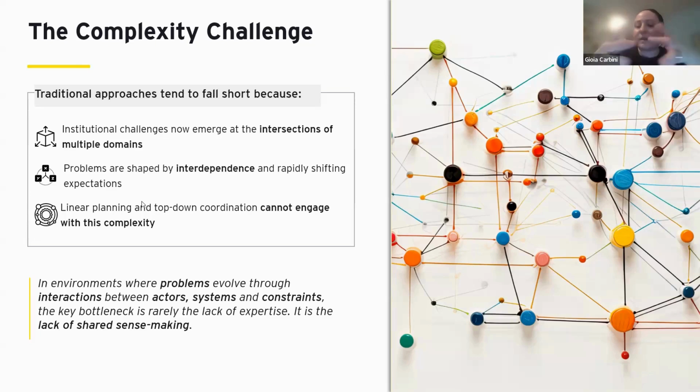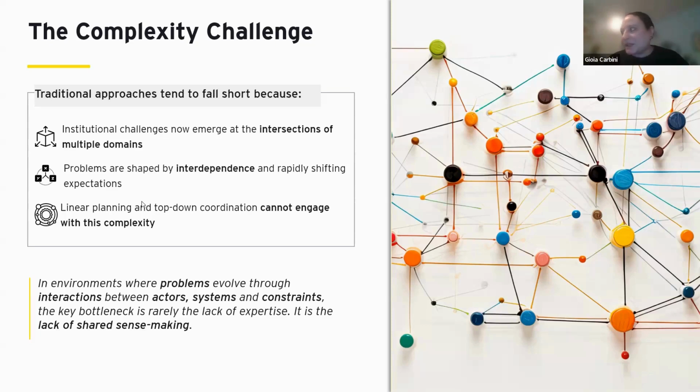In an environment where problems evolve through all these interactions and domains, systems, stakeholders, actors, the true bottleneck, from my personal perspective, is not the lack of expertise in dealing with and managing these complex issues, but the lack of what I call shared sense making.